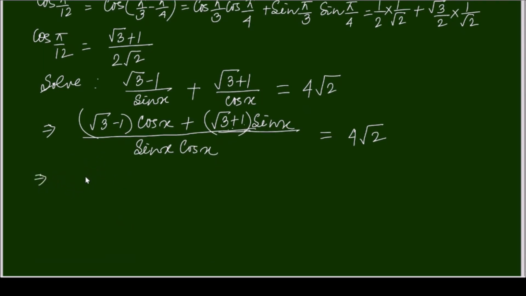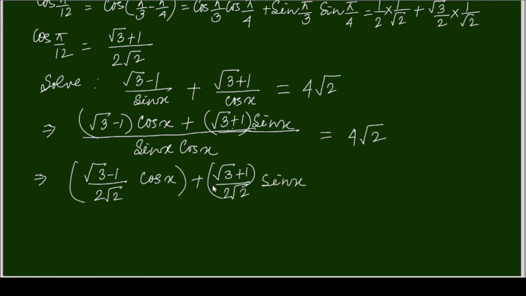This will be (root 3 minus 1) by 2 root 2 into cos x plus (root 3 plus 1) by 2 root 2 into sin x equals 2 root 2 sin x cos x, which I multiplied on the right hand side.